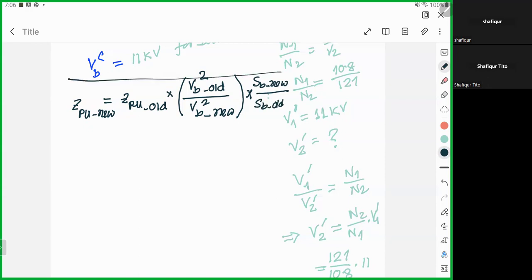So this is the formula we need to use to transform our values.